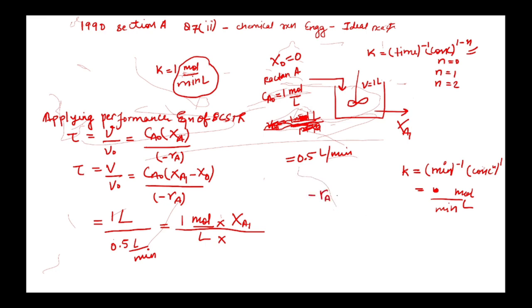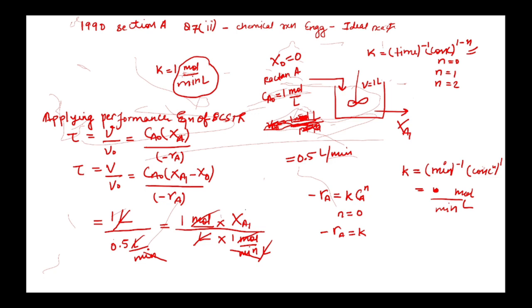Minus RA is the rate of the reaction. It is a zero order reaction, K C to the power n, but n equal to 0. So minus RA will be equal to K, which we already have as 1 mole per minute liter. So liter will cancel out, minute will cancel out, mole will cancel out.